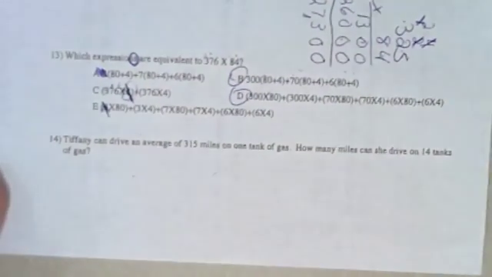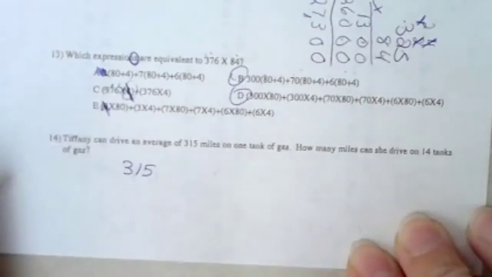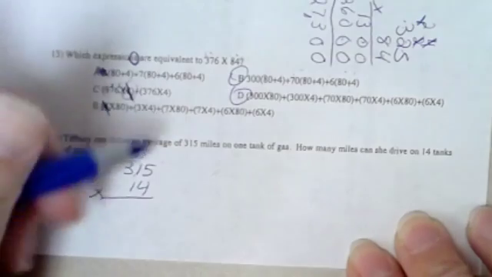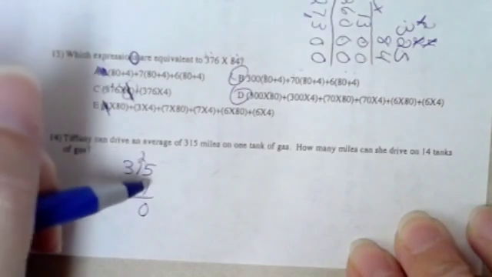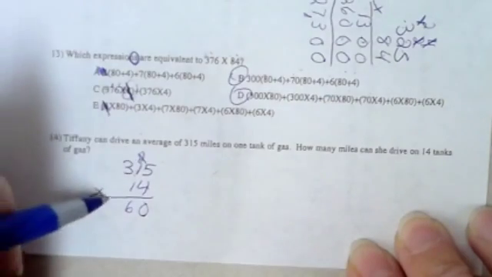Number 14, Tiffany can drive an average of 315 miles on 1 tank of gas. How many miles can she drive on 14 tanks of gas? So they want us to multiply 315 times 14. 4 times 5 is 20. 4 times 1 is 4, plus 2 more is 6. 4 times 3 is 12.